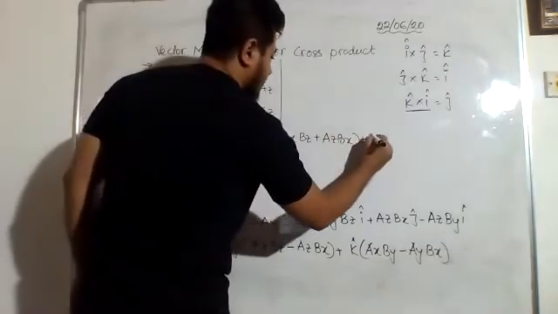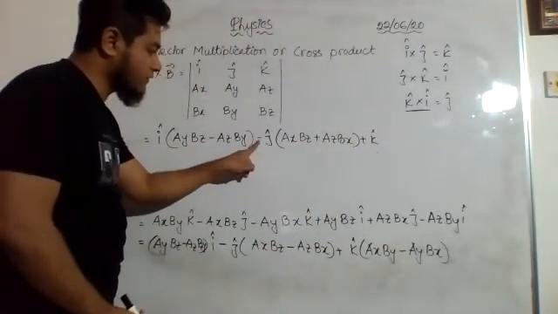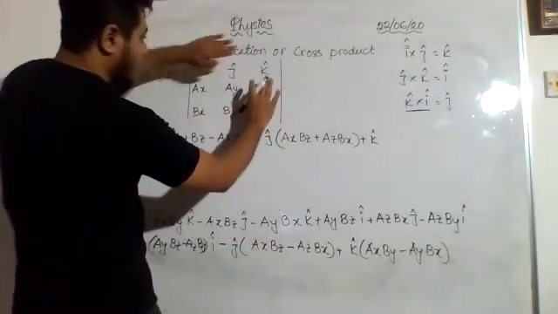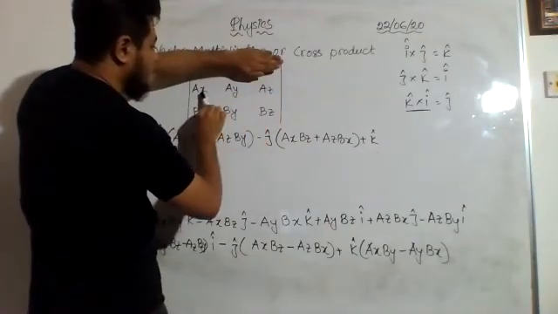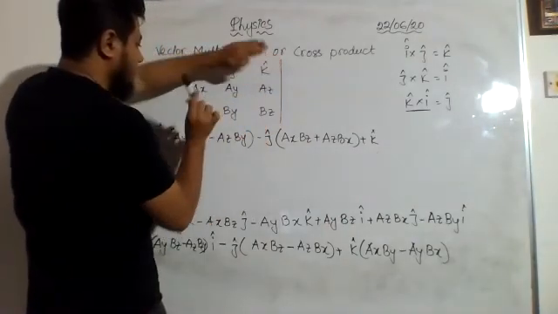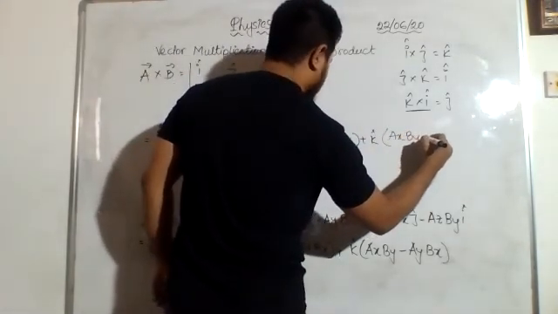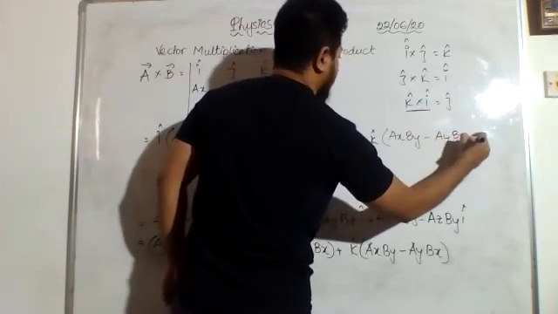Now in case of K, the only thing you have to remember is that in case of J you have to take minus. Then in case of K, I will hide the row and column of K. If I cross multiply, AX BY and BX AY, so AX BY minus AY BX.